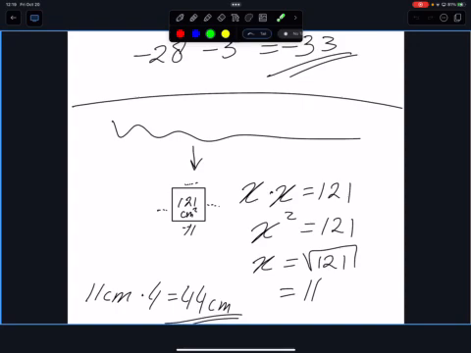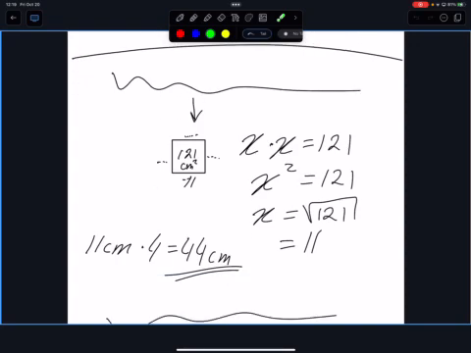The following question. You have a piece of wire. That piece of wire is bent and made into a square, which has the area of 121.